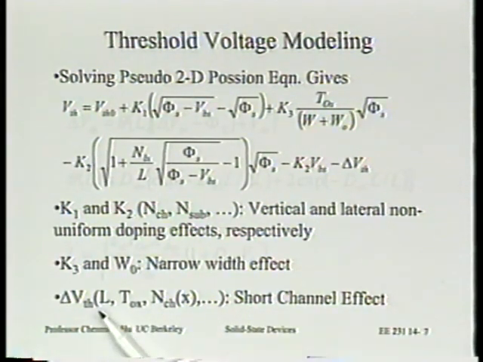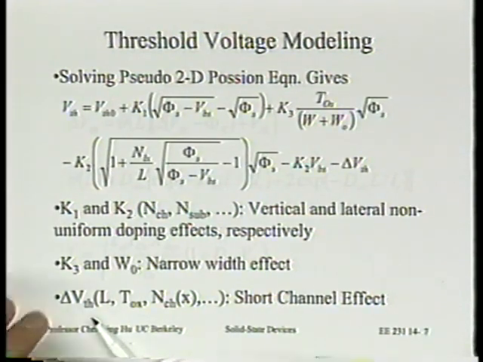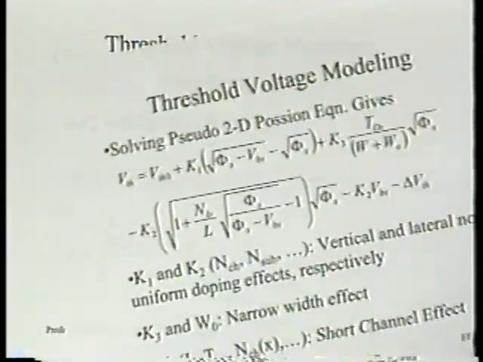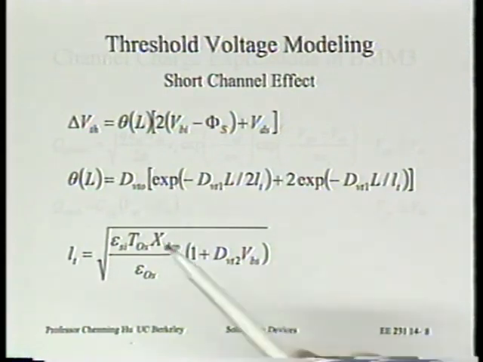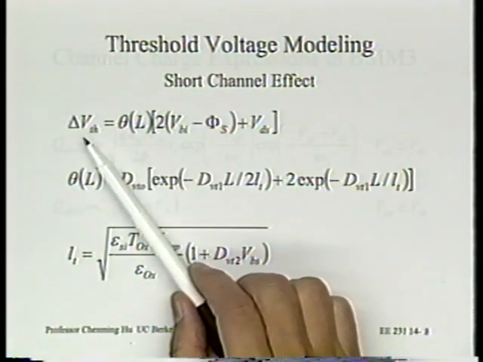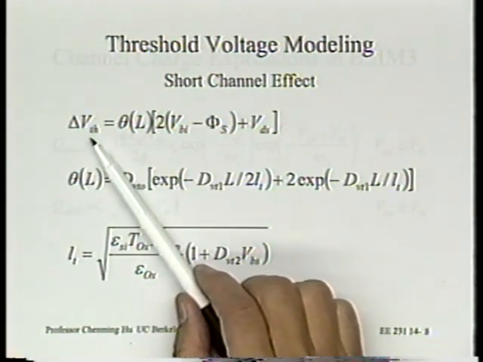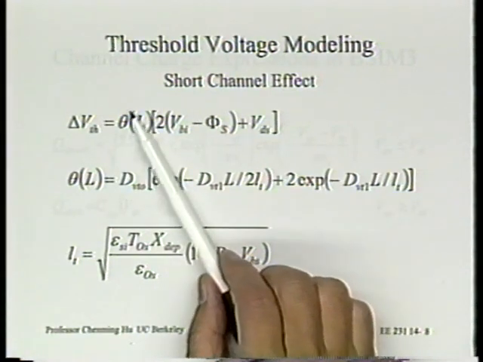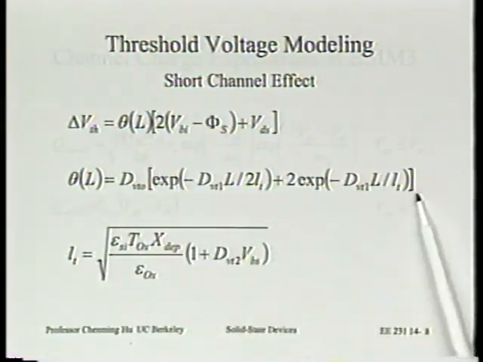So that's the equation we derived together in this course for the DIBL effect. That's an exponential function of L, for example, and it's a function of Tox, and a lot of things come into this equation. Okay? All right, next slide probably reminds you what that is about. Do you remember we said the VT roll-off is a function of channel length, and that function of channel length is here.